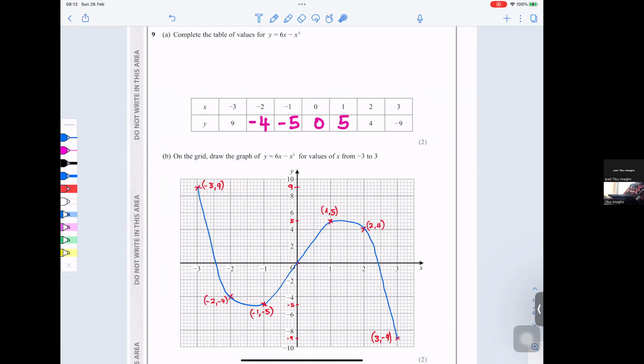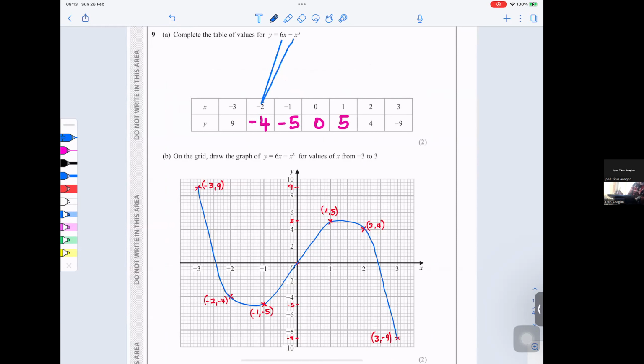Question number 9, complete the table of values for y equals 6x minus x cubed. So what you do, you substitute in the values. Say we start with -2. We put -2 for x there.